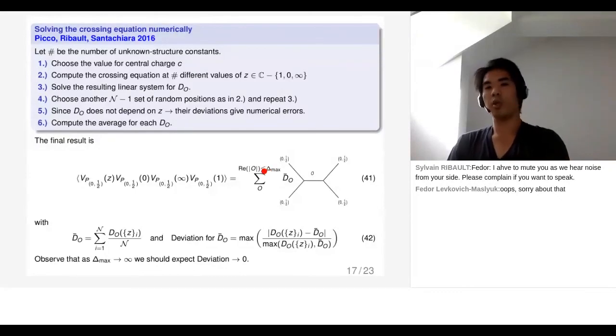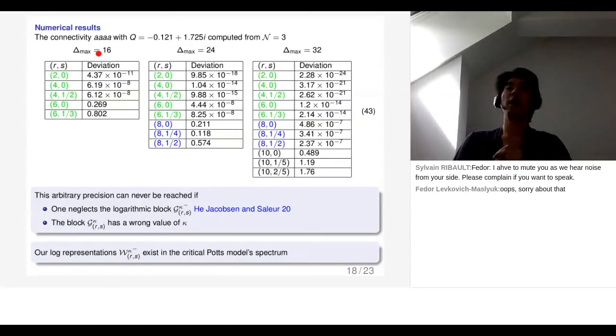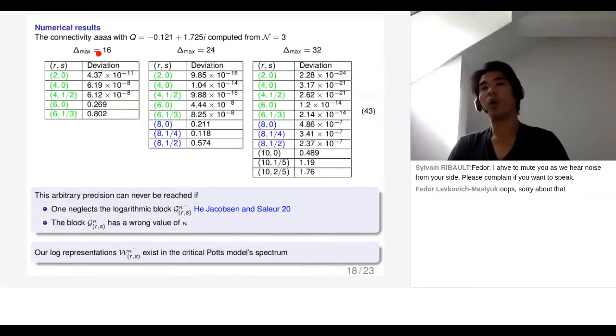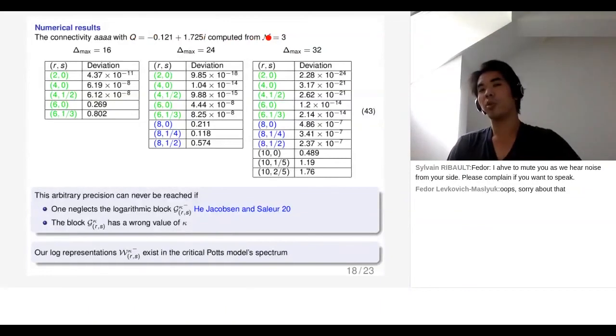And so let us see what happens when we apply this algorithm to some example. We compute the connectivity AAA. This corresponds to the case where all four points belong to the same cluster, at this value of Q, which corresponds to some complex central charge. We solve for the structure constants from three different sets of positions, and then we compute the deviations and the average.